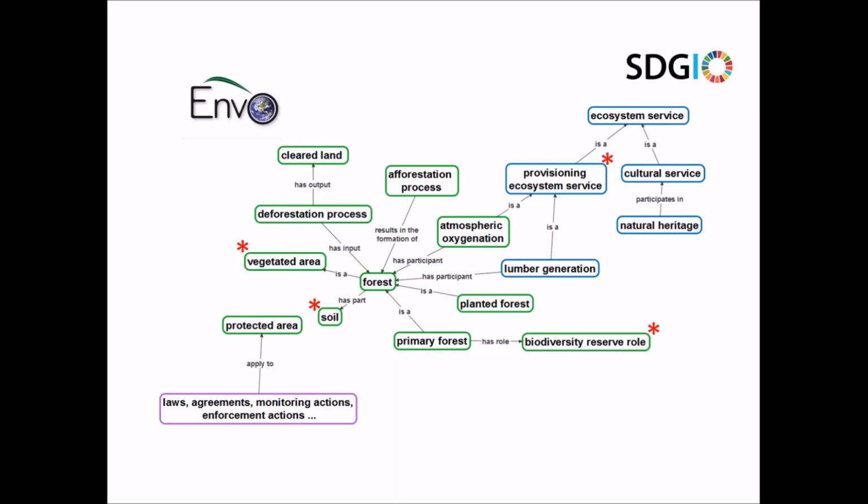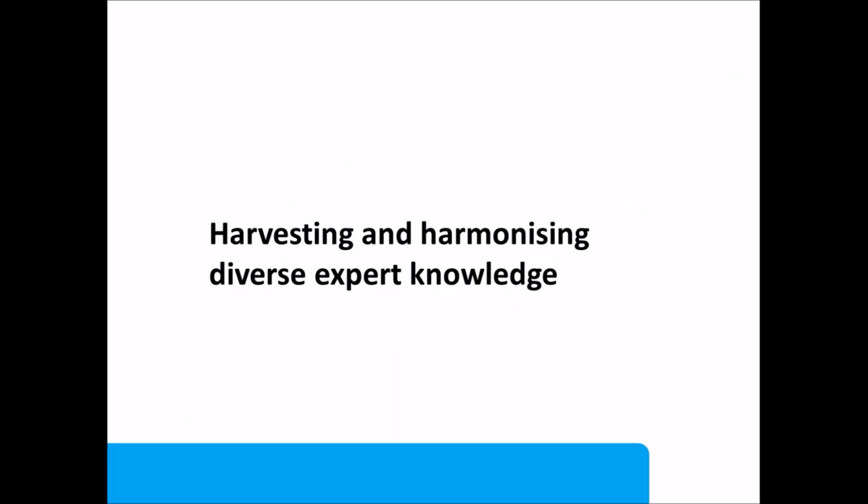And as we start to weave together the SDGIO with ENVO and socioeconomic ontologies that are dealing with laws, agreements, monitoring actions, legal ontologies, as those emerge, and we're trying to nurture those, we can start to make that knowledge graph denser, allowing this information or any information linked to those nodes to be discovered in new ways, in more flexible ways. And this also allows new communities to interface with the same data and knowledge structures, which I think is very true to the Eye on Earth mission.